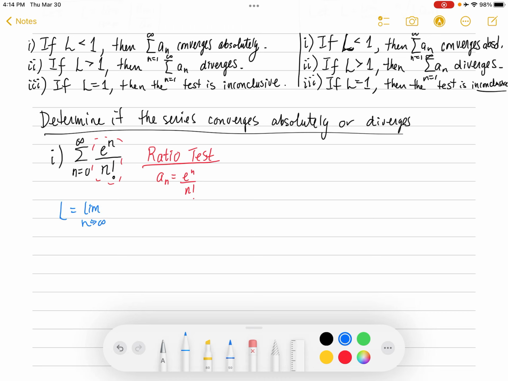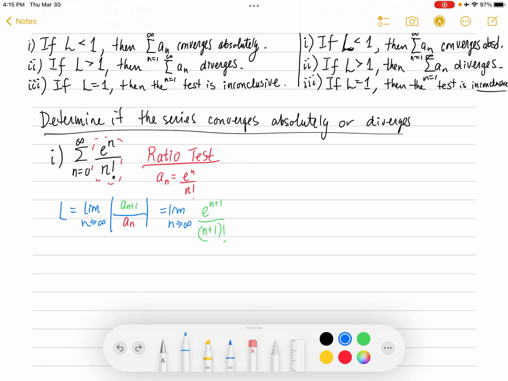And with the ratio test, I'm going to take a special limit, call it L. The limit as n goes to infinity of the absolute value of a_(n+1) over a_n. So for a_(n+1), I'm going to increase my value of n by 1. So rather than having e to the n, I'm going to have e to the n plus 1. And rather than having n factorial, I'm going to have n plus 1 factorial.